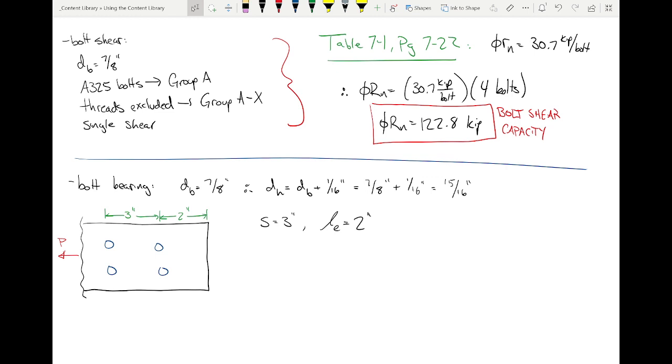Are they always going to be 3 inches, like left and right, and 3 inches up and down? Or are they going to have different? No, that's a great question. Not necessarily. Typically, if we're talking about spacing this way, however many lines of bolts there are, they're usually either evenly spaced or grouped together.